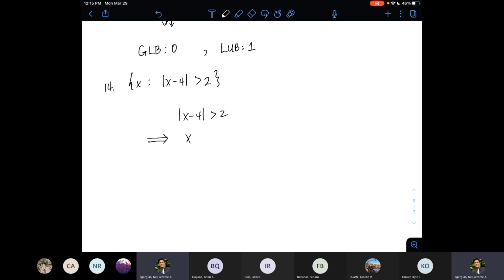It's either x minus 4 is greater than 2, or x minus 4 is less than negative 2. And then we solve each inequality. First, I add 4 to both sides. So here I'll get x greater than 6, or here I'll have x less than 2.